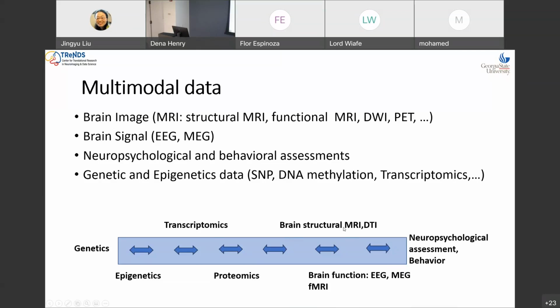Then we have brain structural data and brain functional data. At the end, the highest level is the behavior assessments. So along the line, biologically, from the very basics to the top behavior level, theoretically we could combine all this data, and the converged information should provide more comprehensive power to understand the diseases, understand the biology, and understand how the brain and behavior function. So that is broad.